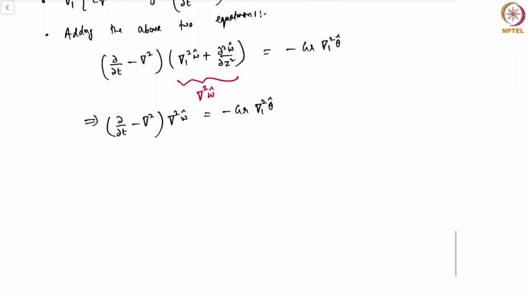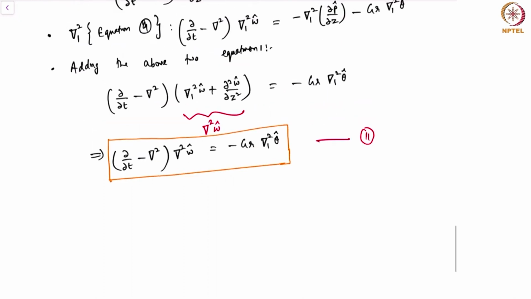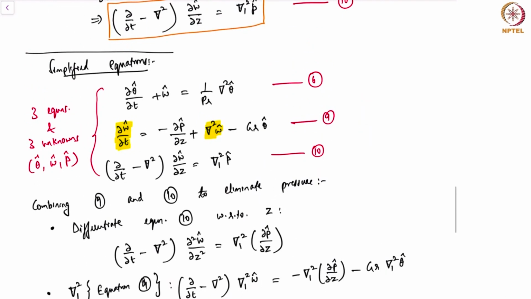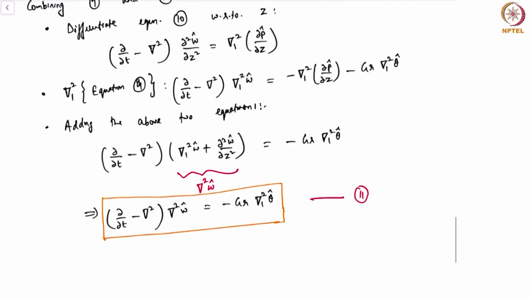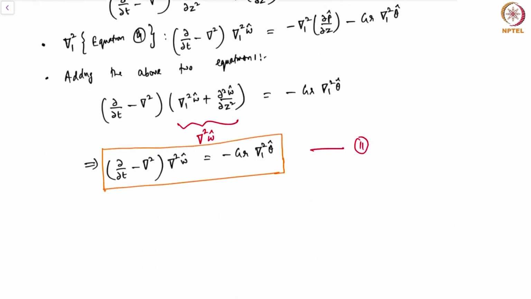We'll give this a label. We'll call this equation 11. So now basically we have only two equations. We have equation 6, which is the linearized temperature equation, and we have equation 11. Clearly these two equations are coupled now for only two variables, right?